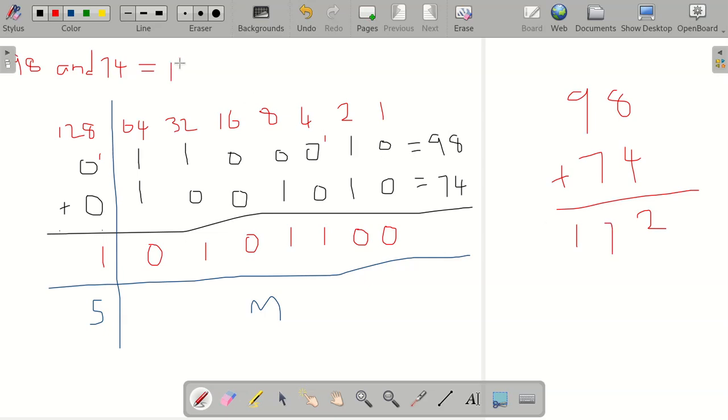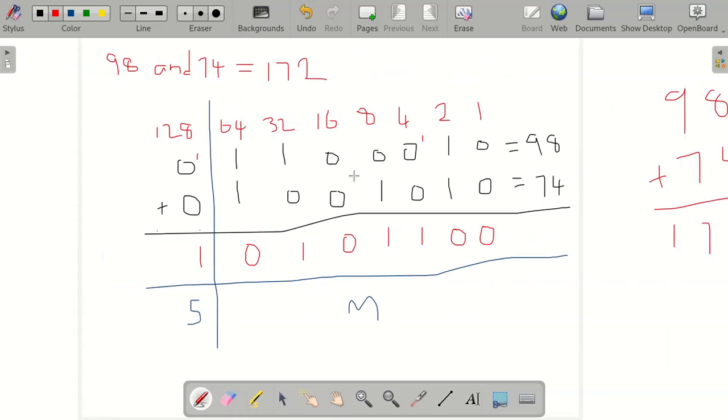So this value 172 is still a positive. Now in binary, a 1 represents a negative and a 0 represents a positive. So if we are saying this is the sign, it means that this is a negative. So we can see that instead of getting a positive number, we end up getting a negative. So it means an overflow has occurred.